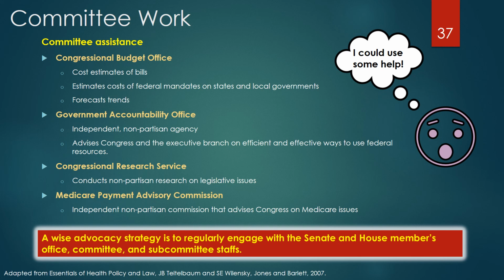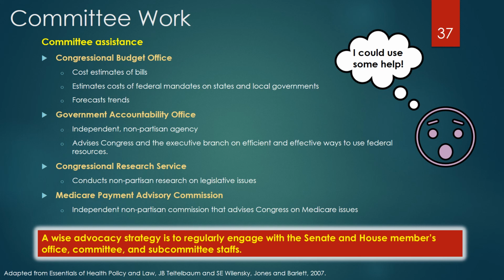Another essential source of assistance and influence for Senate and House members, committees, and subcommittees is the work of staff members. Staff members are tasked with gathering and analyzing data, compiling reports and summaries, and briefing members on these complex issues and potential legislative solutions.